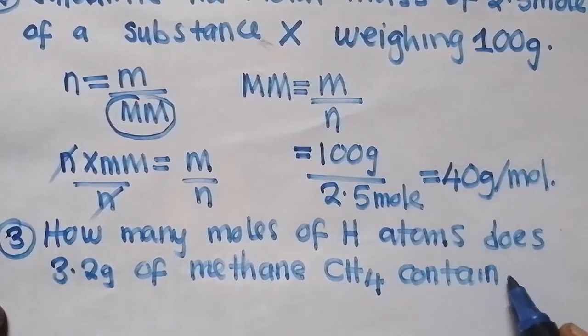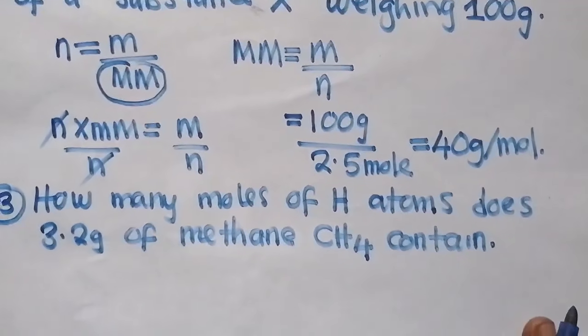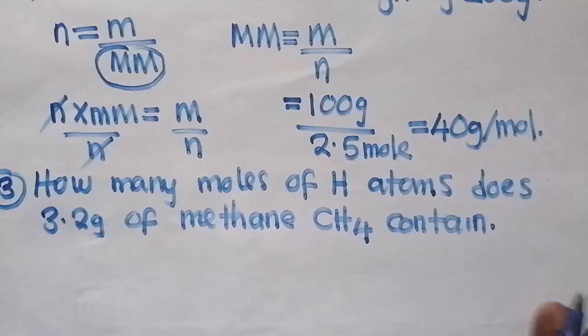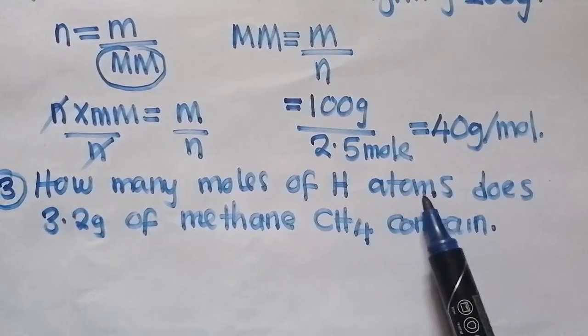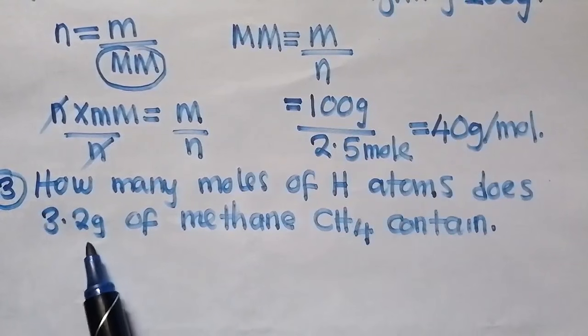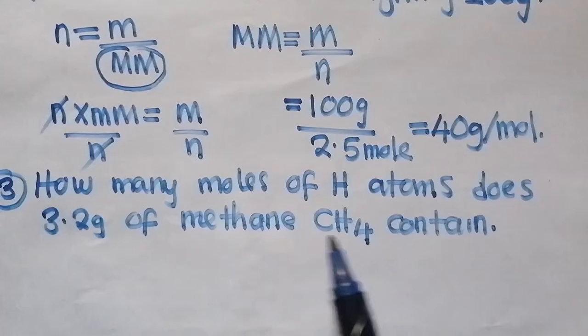This is the question that we want to answer. Have you seen the way this question is? The question is saying how many moles of hydrogen atoms does 3.2 grams of methane contain?